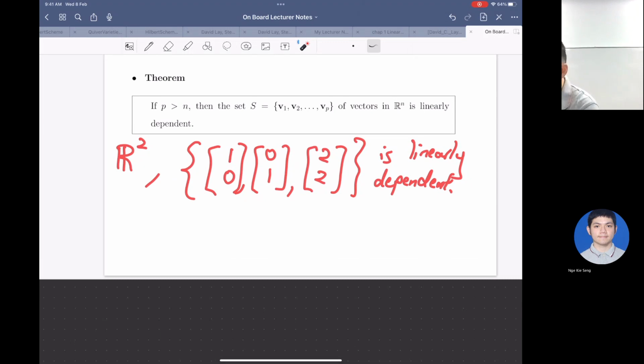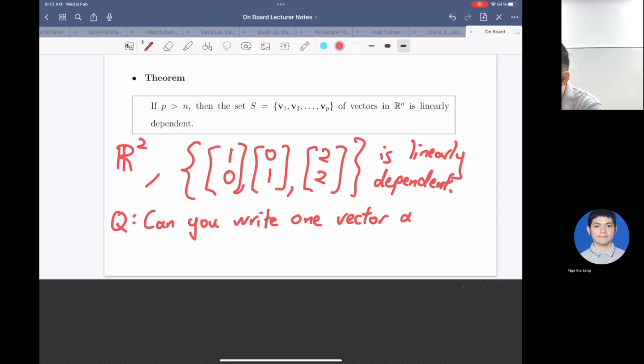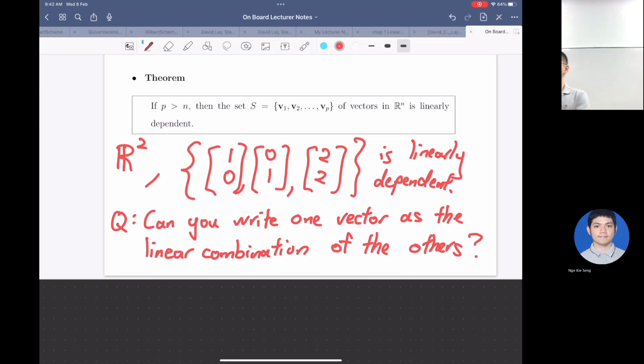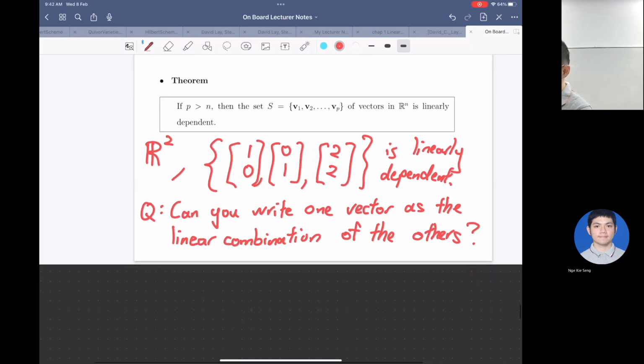Okay, should we recall or should we? The question is, can you write one vector in the set as the linear combination of the others?